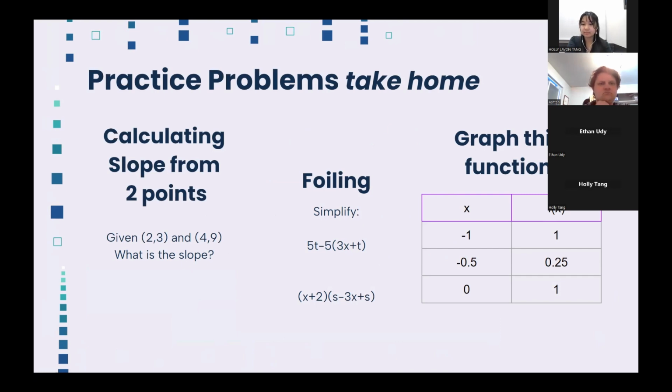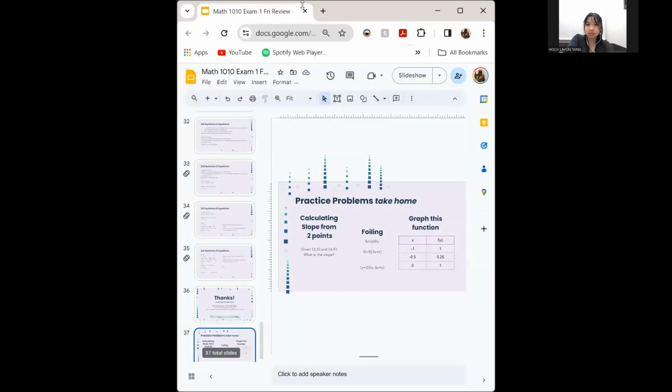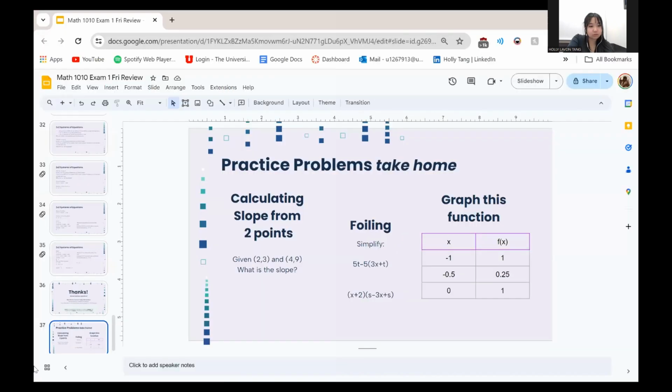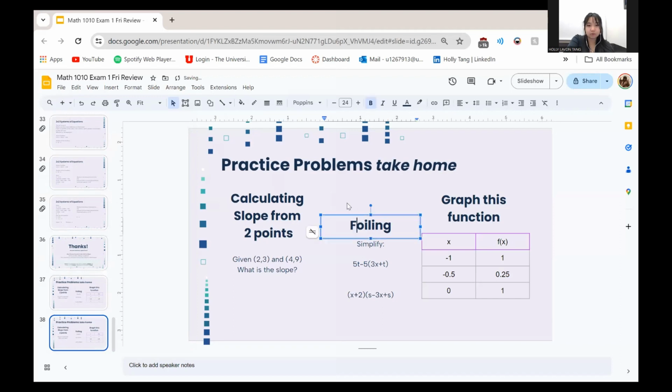Yeah, sure. I'm okay with that. Which one do you want us to practice, or do we just choose? It's up to you guys. Yeah. Okay. I'll just do the first foiling one, I guess. Let me really quickly just get some room.